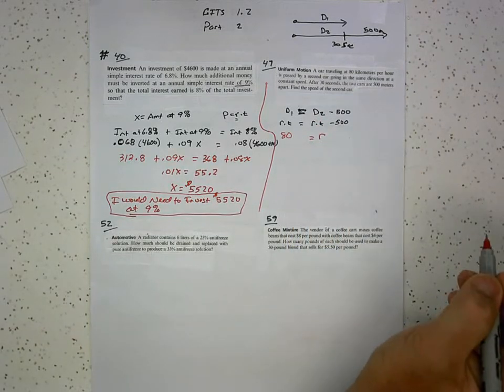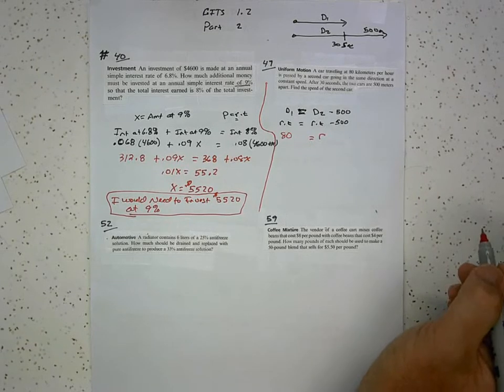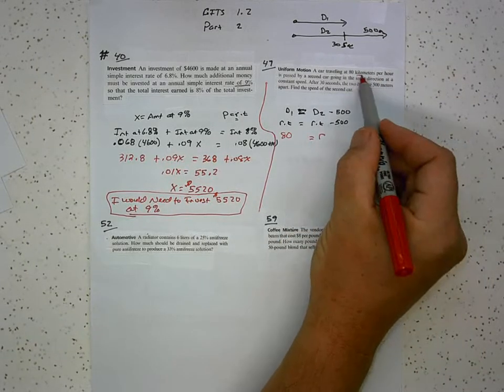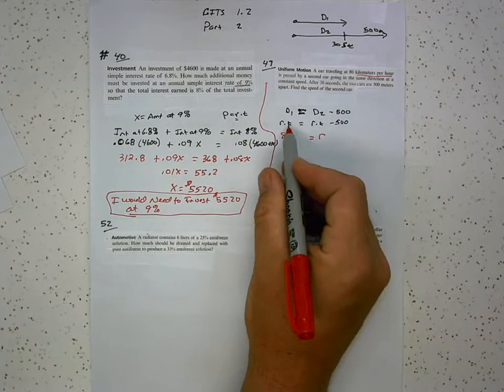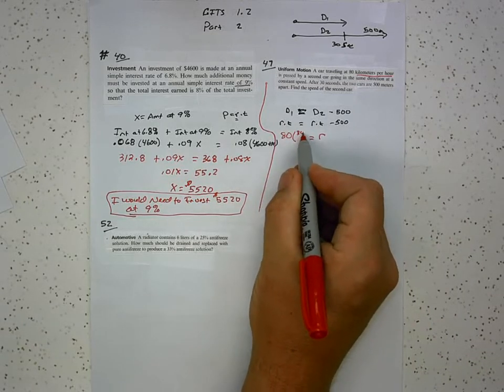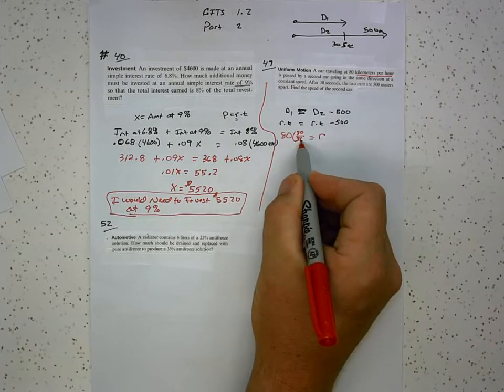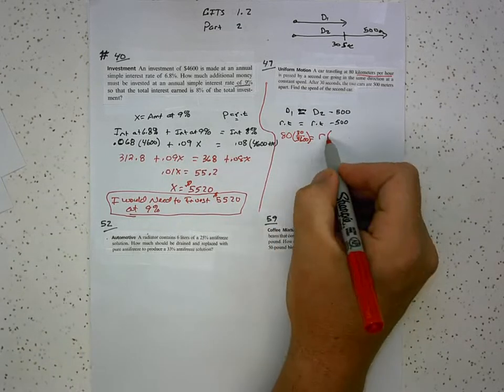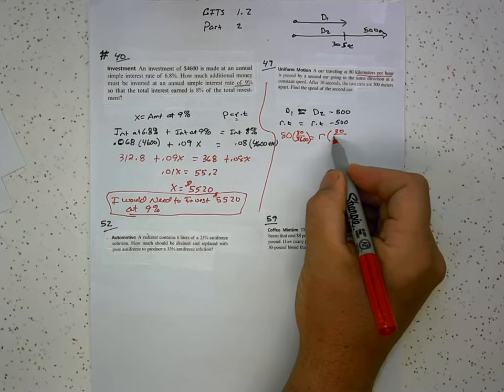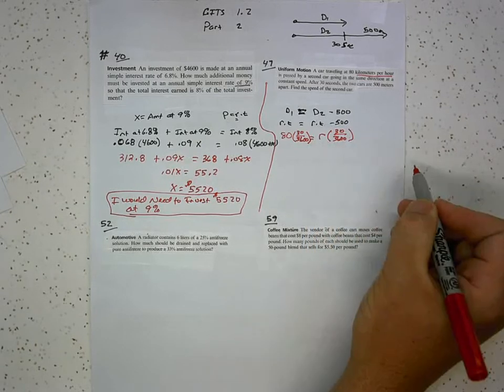But the time for both vehicles is 30 seconds. Well, notice that our rate is given in kilometers per hour. So our time has to be given in hours. Our distances have to be given in kilometers. So my time for this one is 30 seconds, which is 30 over 3600 of an hour. My time for this one is also 30 over 3600 of an hour.